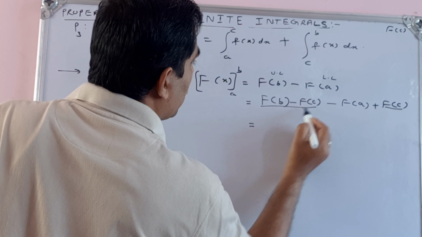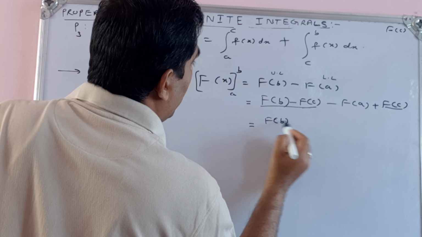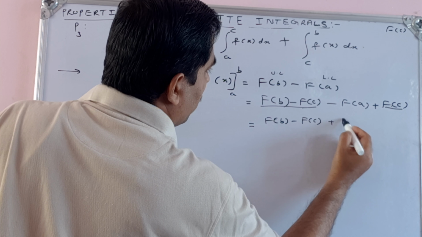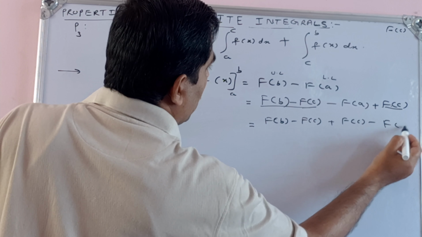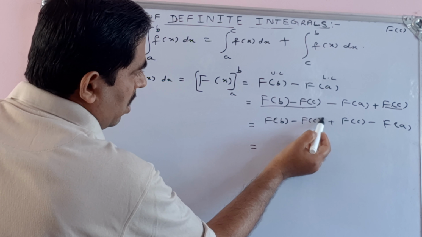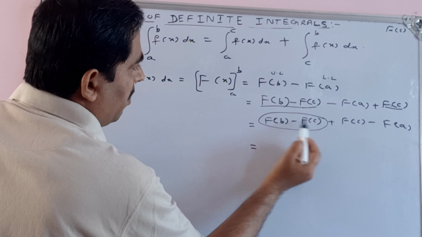Then you group these two: F(b) minus F(c), plus F(c) minus F(a). Then once again use the definition, upper limit minus lower limit.